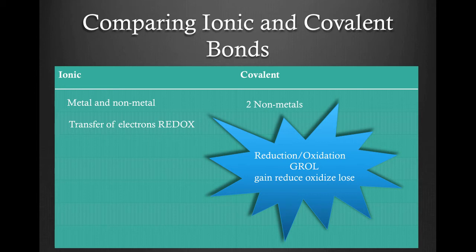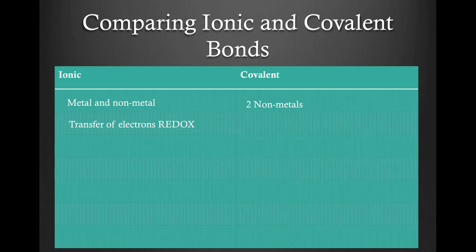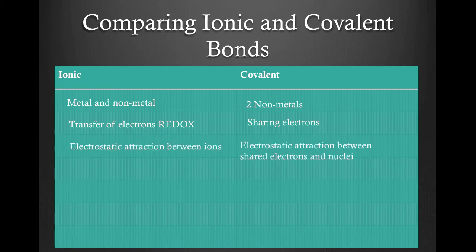Gaining electrons means you're reduced, and losing electrons means you're oxidized. In covalent bonds, they're sharing their electrons, and these bonds are both electrostatic attractions, but with ionic bonds, it's an electrostatic attraction between ions. In covalent bonds, it's an electrostatic attraction between shared electrons and nuclei of the two atoms.